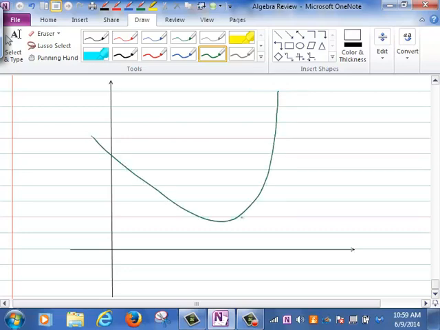Let's say this point here is A. So this is the graph of f of x, and the question is, what is the slope of the tangent line at A?